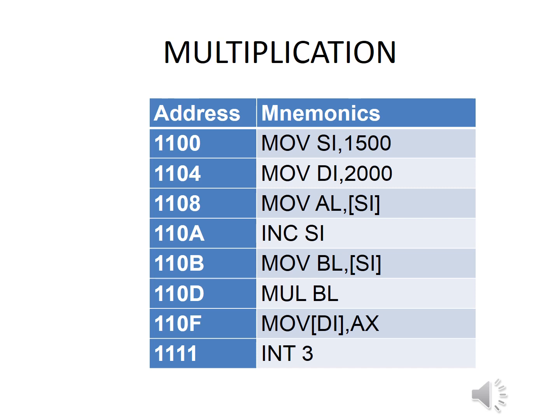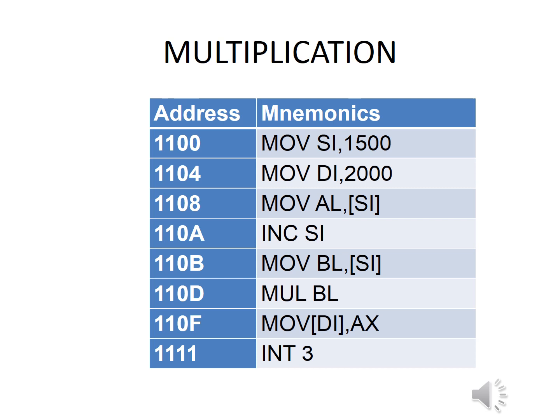The next program is multiplication. For this, the source index is initiated in the address 1500 and the destination index is addressed as 2000. So, first the source index content is transferred to the AL register.